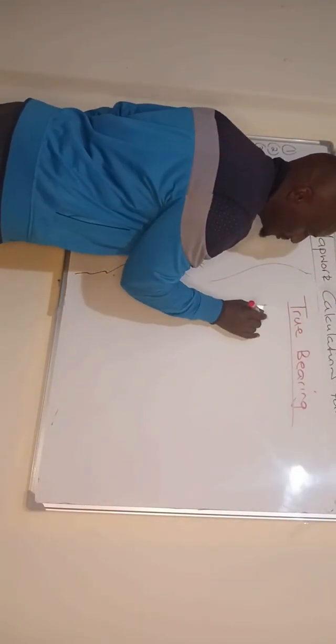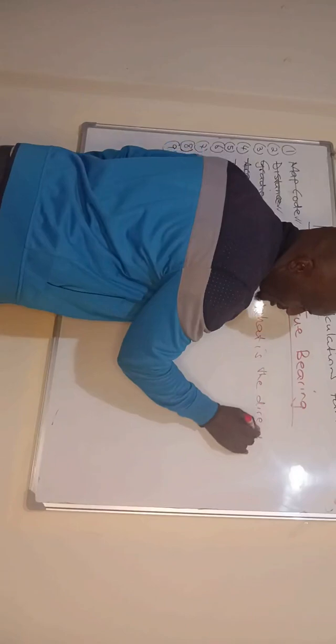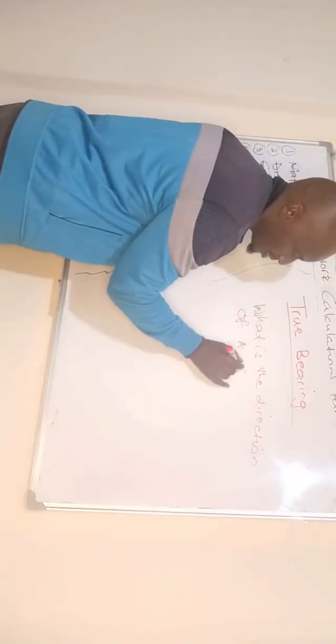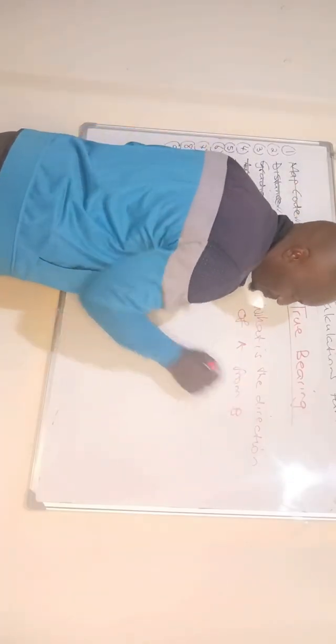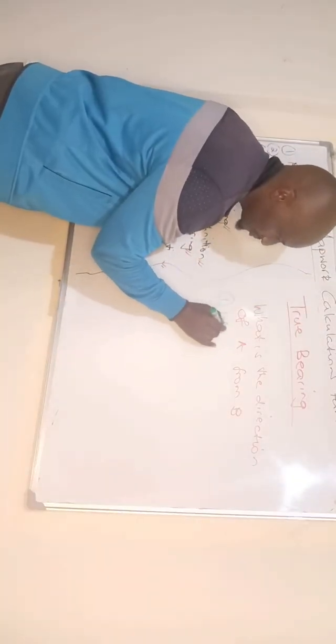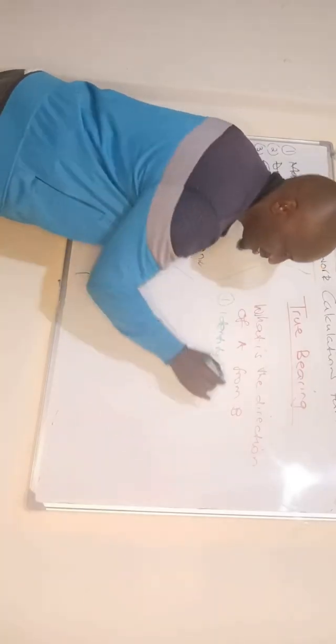What is the direction of A from B? I'm using this as a foundation. I haven't started the true bearing. So, first, number 1, identify from and to.